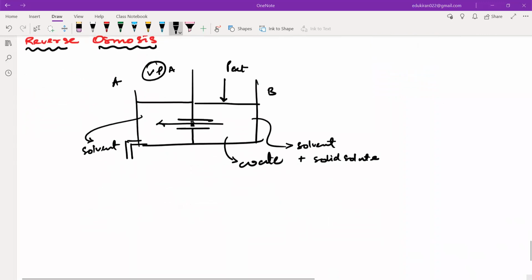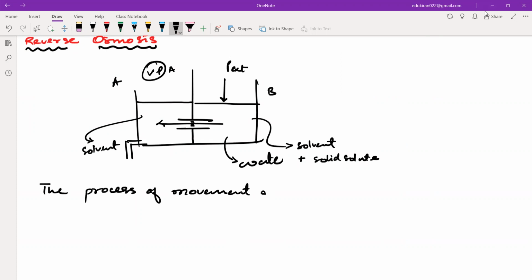Chaliye. Now we can also write what is reverse osmosis. The process of movement of solvent through SPM. What is SPM?